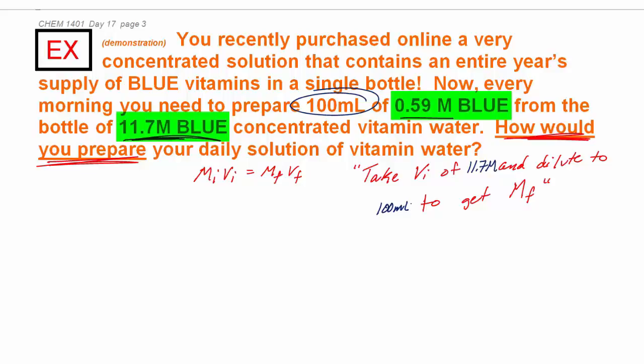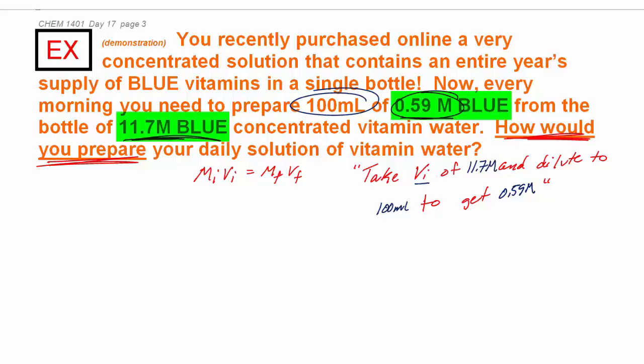To get Mf. Mf is the final concentration. It's the diluted concentration. It's the smaller concentration, 0.59 molar. So that's our answer. Take Vi of 11.7 molar and dilute to 100 milliliters to get 0.59 molar blue.